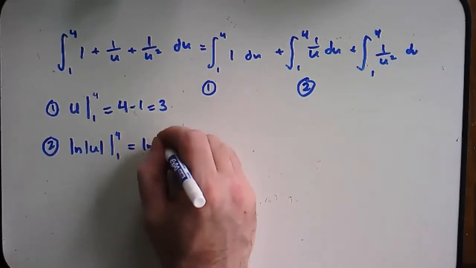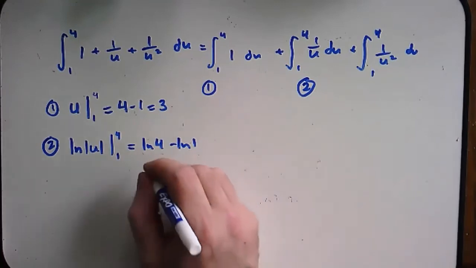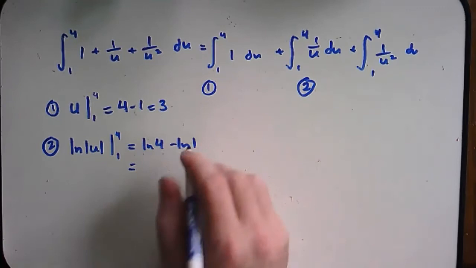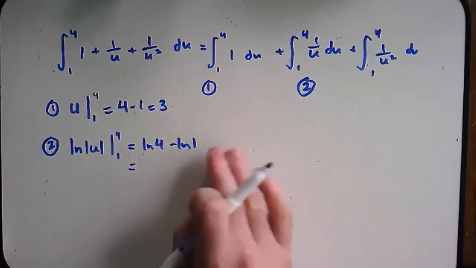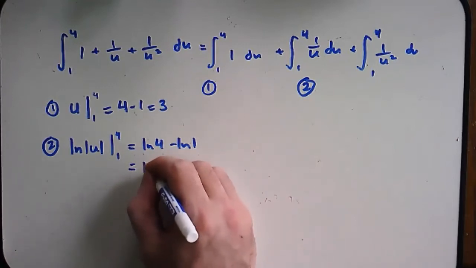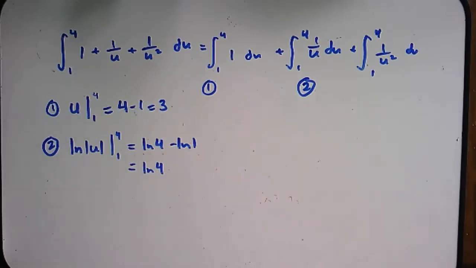So natural log of 4 minus natural log of 1. Natural log of 1 is 0 because e to the 0th power equals 1. So this term here just equals 0. And so really our final answer is just natural log of 4 for our second definite integral.